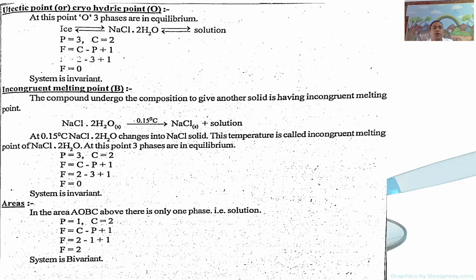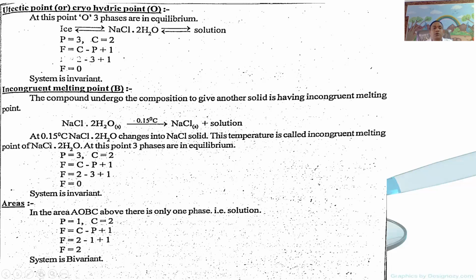Here, incongruent melting point B: a compound that undergoes decomposition to give another solid has an incongruent melting point, that is, sodium chloride dihydrate solid at minus 0.15 degrees centigrade gives sodium chloride solid plus solution.